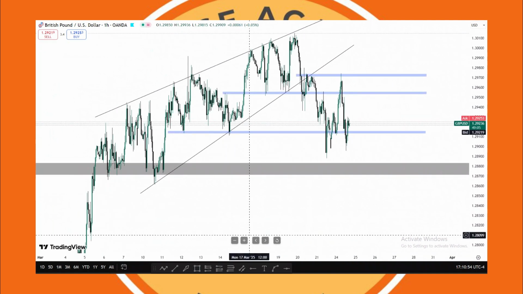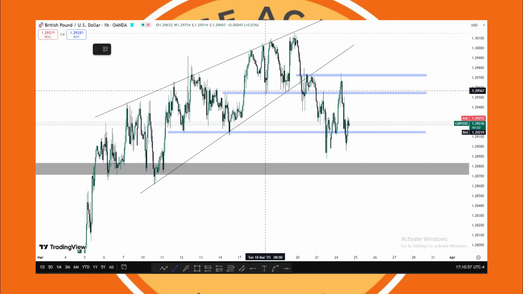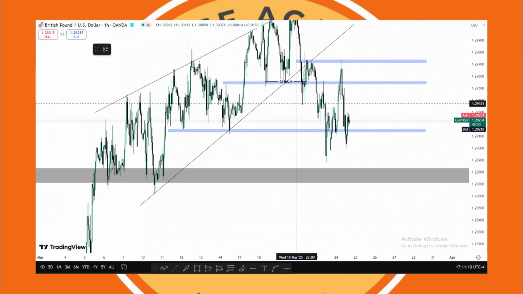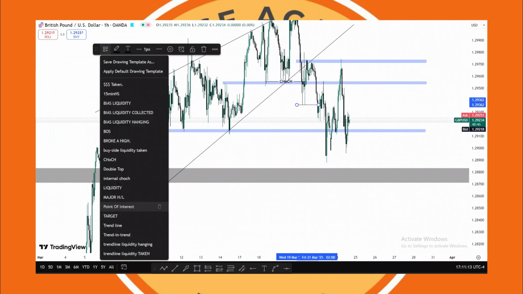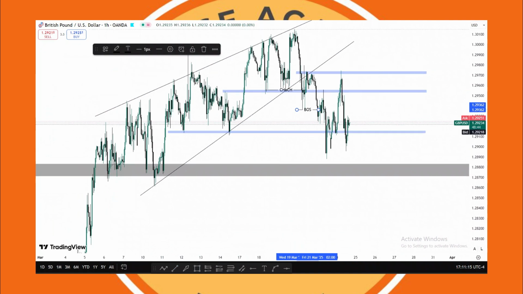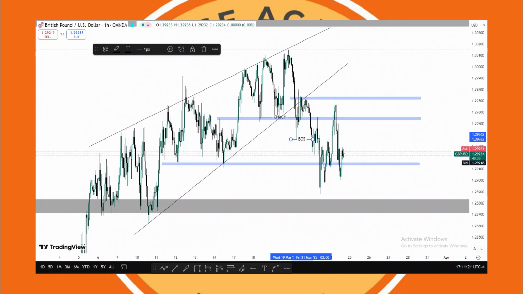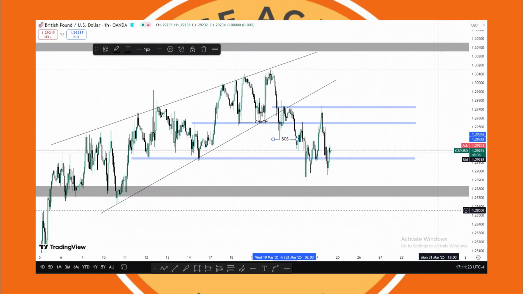So change of character here. And then a break of structure there. So clearly we are having a sell momentum here.